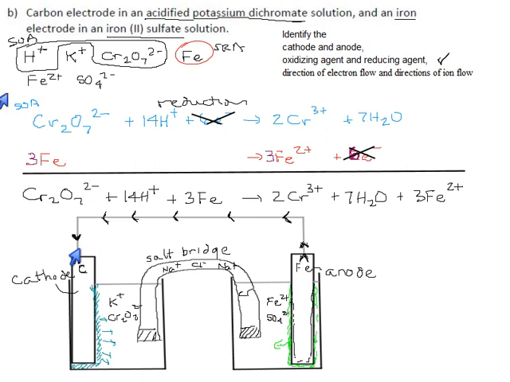Now, which way will ions flow is the question here. And I find that's easy to work out once you have the electrons figured out. Electrons are negative. Electrons will flow in this direction. So here we have e minus flowing like so.